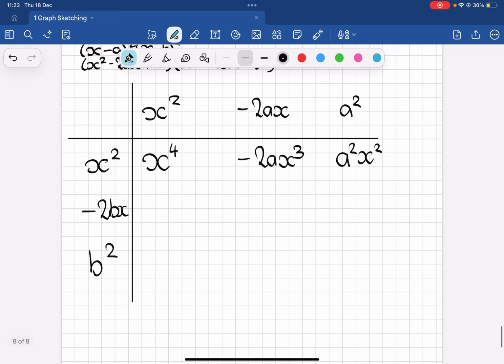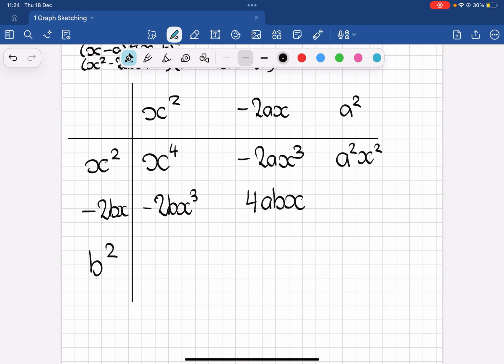Next we've got x squared multiplied by minus 2bx, so that's minus 2bx cubed. Minus 2ax times minus 2bx is 4abx squared.